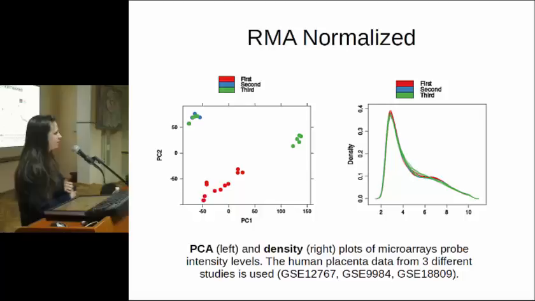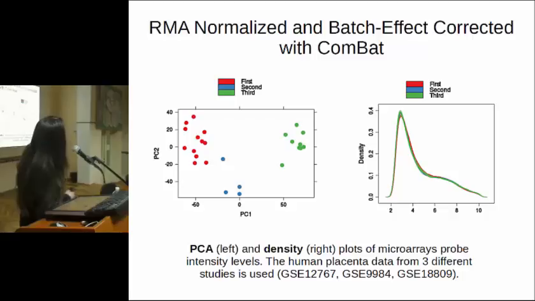One very widely used is ComBat, which is a function from the sva package, again from R. So now our picture looks much better. We can see that the first, second, and third trimesters are clustered apart. What is also important, this method is perfectly applicable to RNA-seq data as well.